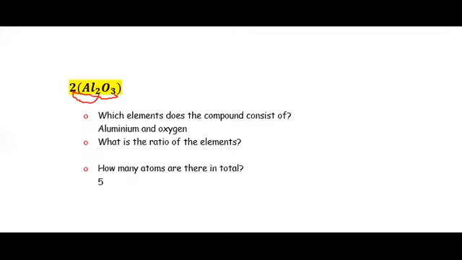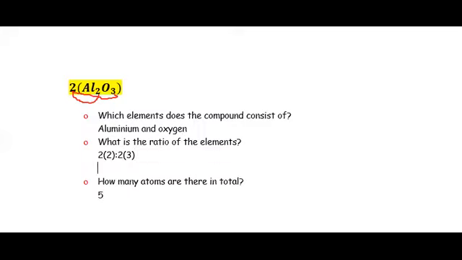Let's calculate it. So 2 times 2, and then 2 times 3. When I put something in brackets, I'm basically multiplying those numbers together, right? Then this will be, well done, 4 to 6. Great, you guys were very fast.